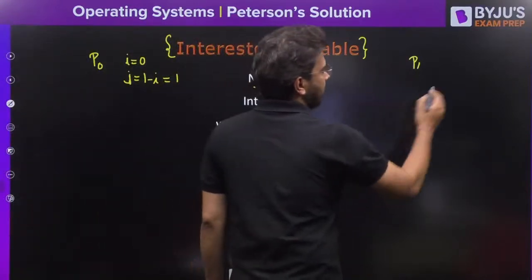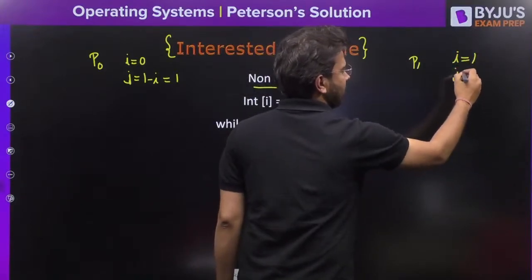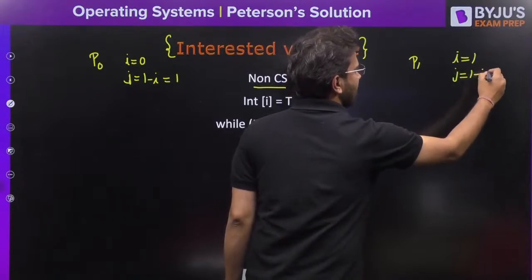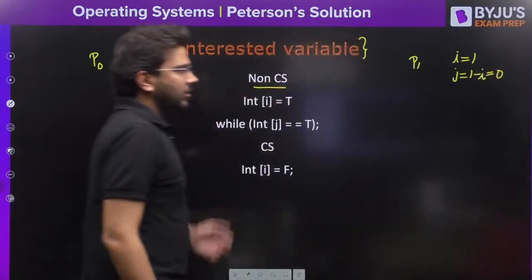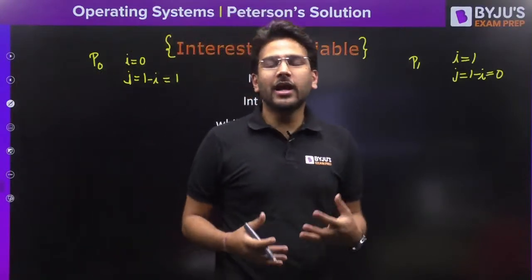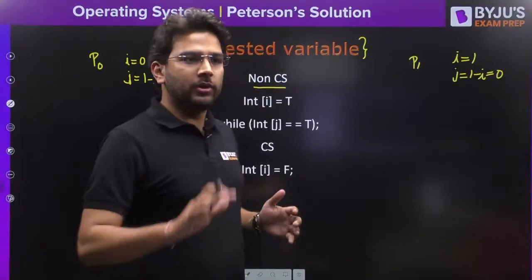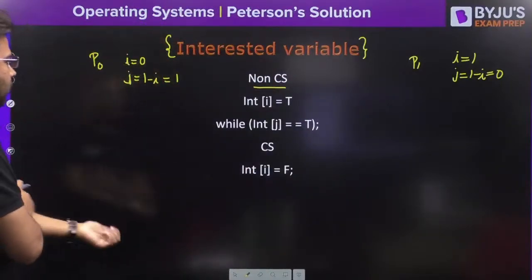If I'm executing P1, then i value would be 1 and j value, as it is 1 minus i, is going to be 0. Whichever process I'm executing, I consider the i value for it, and for the other process it will be the j value. Is it clear to all of you?